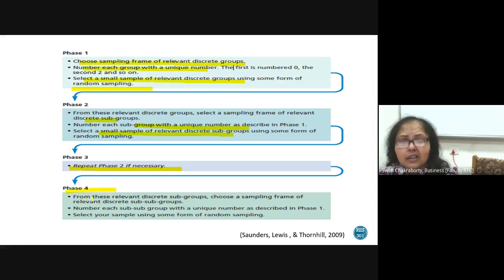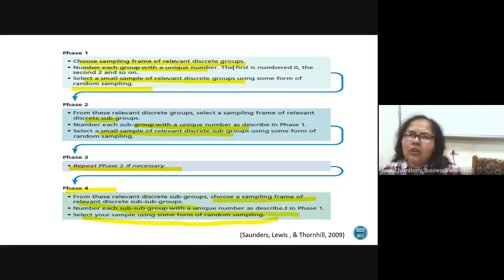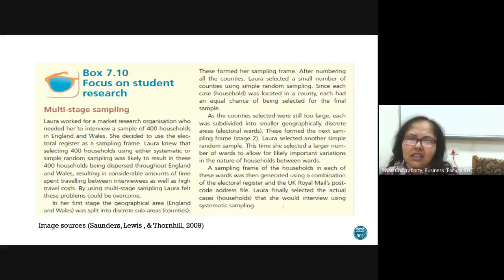Then phase four: from these relevant discrete subgroups, choose a sampling frame of relevant discrete subgroups. So you go down, right? Then give them a number, again starting from 0, and select your sample using some form of random sampling. Go on until you get your final sample, which is more precise and represents the entire population. So this is an example, right?